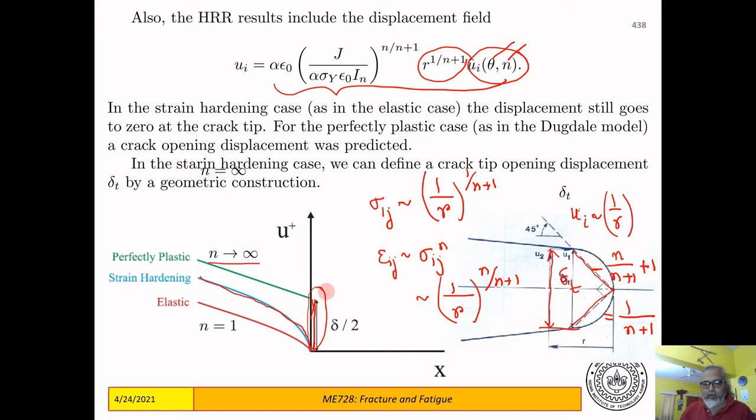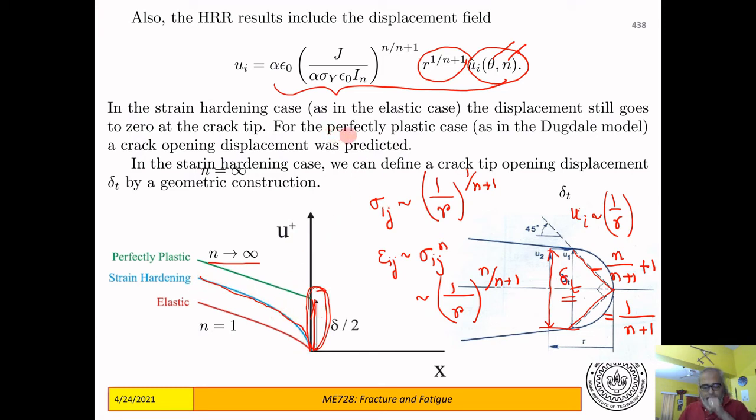So you don't have this sharp blunting as you have in the perfectly plastic case, like we saw for the Dugdale model, but you can define a delta t which is a surrogate for this strain hardening case.